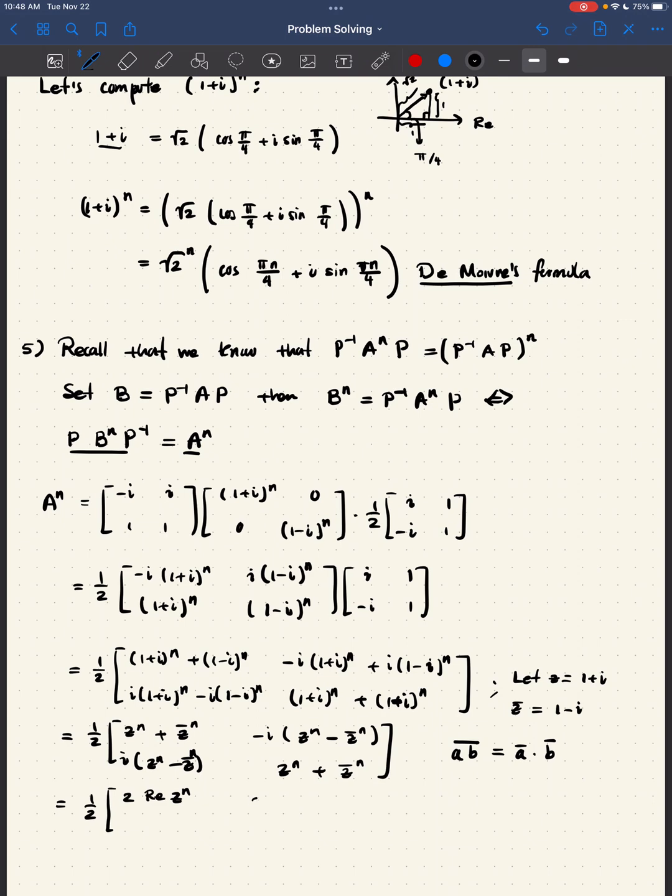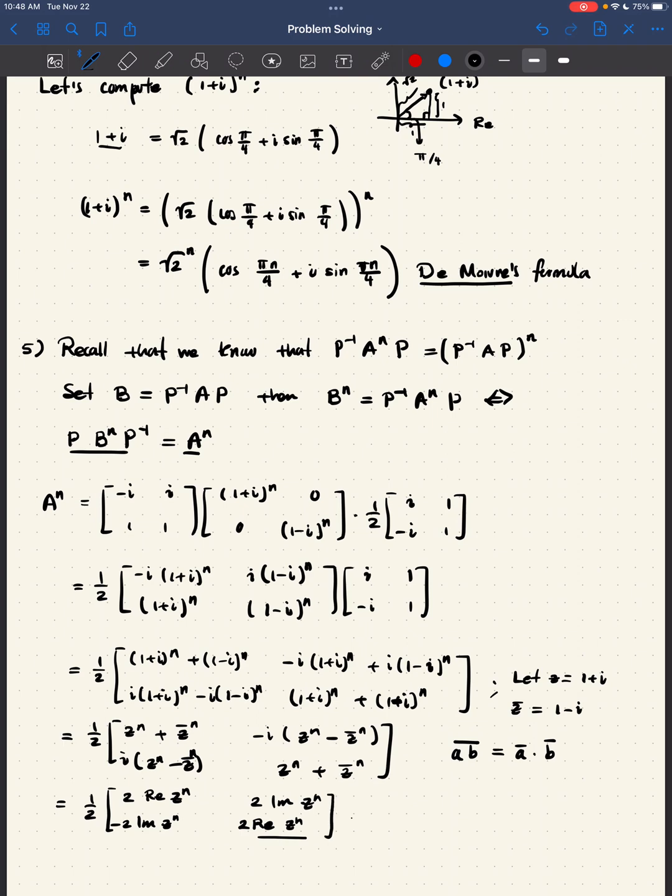This one becomes 2 times the imaginary part of z to the n. This one is negative twice the imaginary part of z to the n. Well, this entry that we have right here is 2 times the real part of z to the n.